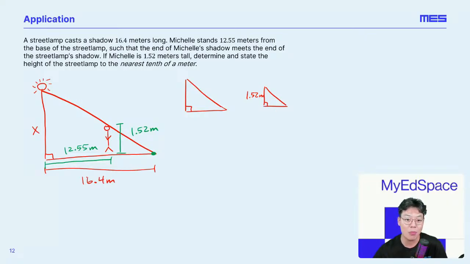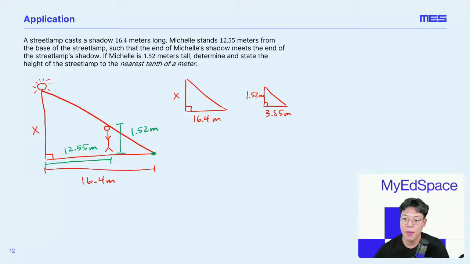We could do 16.4 minus 12.55. So that'll be 3.95. I'll be doing all the mental math more quickly here just to model for you. Here's X and here's 16.4 meters. Okay, we're ready. Oh, I believe it's 3.85. Sorry about that. 3.85.